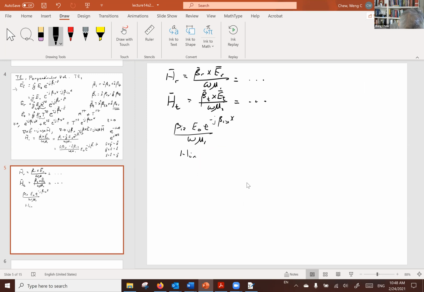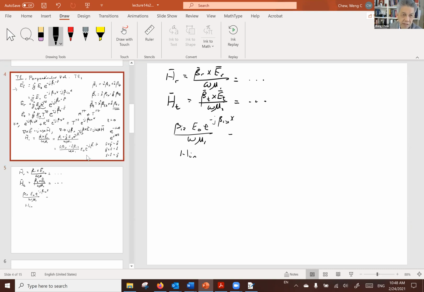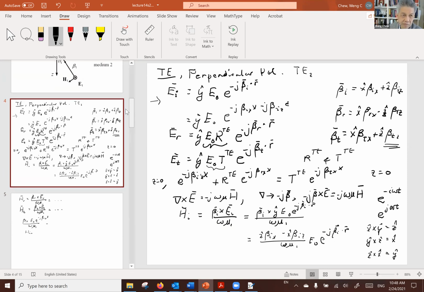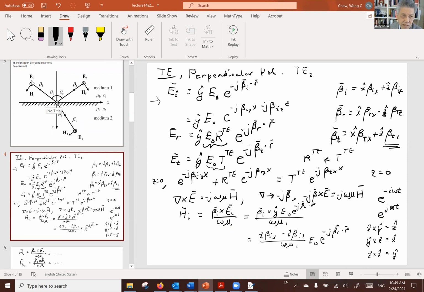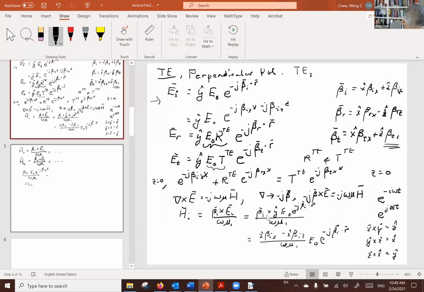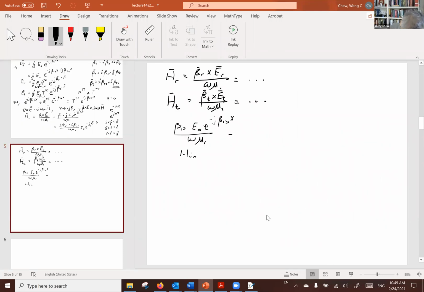That is the H_ix for the incident field, and then for the reflected field, there's a sign change. You have to be very careful about this because the beta z would change sign. Because for the reflected field, the beta points outward, so the beta z has a different sign compared to the z component in this spectrum. So there's a sign change, and you have to be careful about this. If you don't take care of this sign change, you will not get the correct answer.